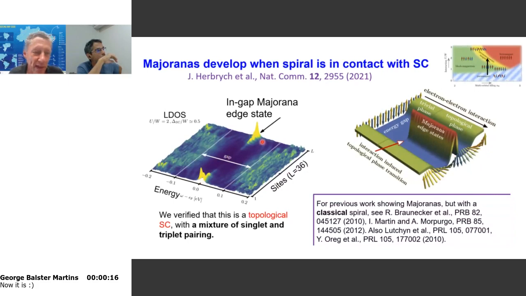Now, if you pay attention, the numbers are huge. These gaps are huge. If you translate that into the analog in temperature, these are hundreds of, probably close to 1,000 degree Tc superconductors. We had to exaggerate the numbers, and the referees understood that clearly. The reason is that these Majoranas have a size that depends on the gap, and we have the restriction of working with a finite size chain.